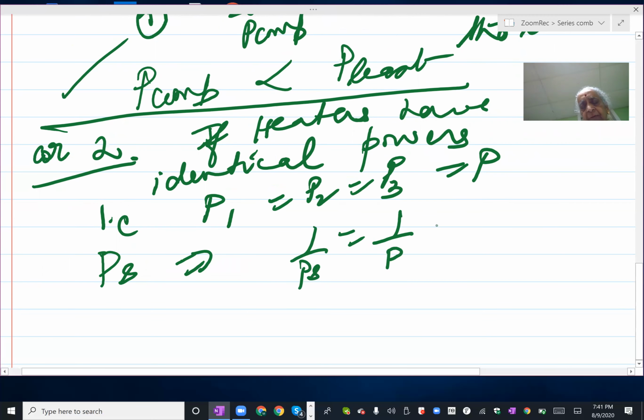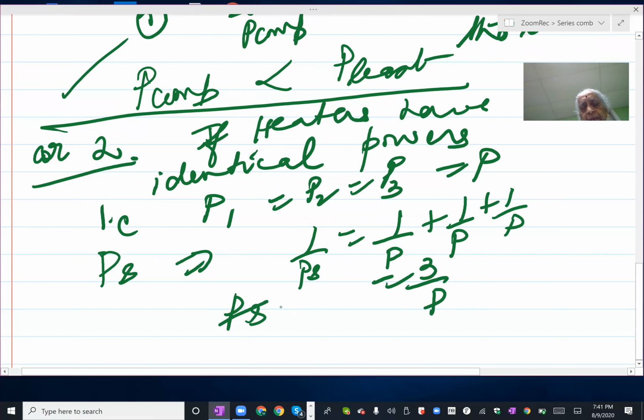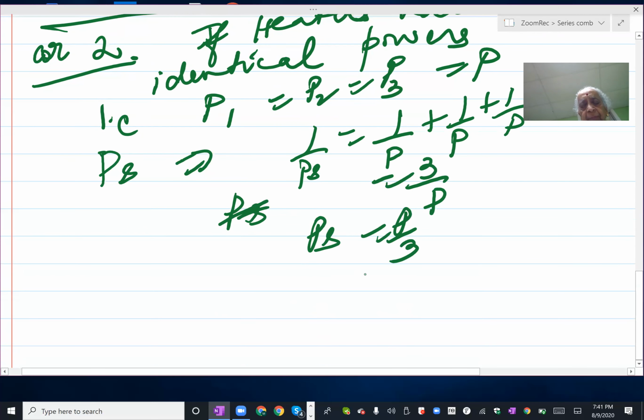Instead of P1 you write 1 by P, instead of P2 also 1 by P, instead of P3 also 1 by P. Therefore 1 by PS will be equal to 3 by P. So if you reciprocate, PS is equal to 1/3 of the power of each. So it will be power of each divided by the number of heaters. This will be my power of the series combination.